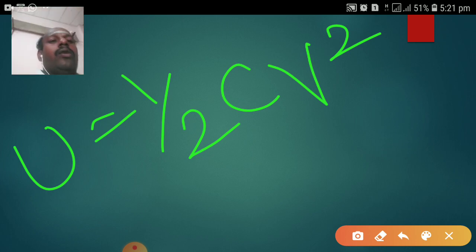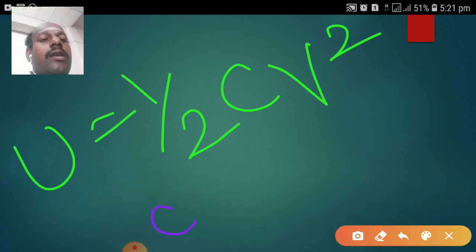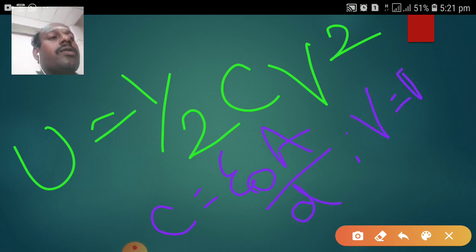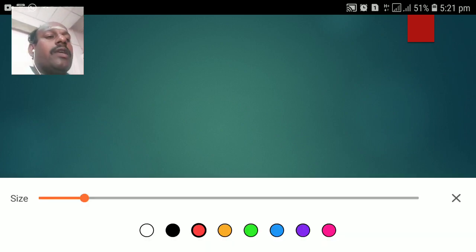Now once again I am going to do something further. We know that C is equal to epsilon naught A by D and V is equal to E into D. I am going to substitute these relations into U equal to 1 by 2 CV squared.